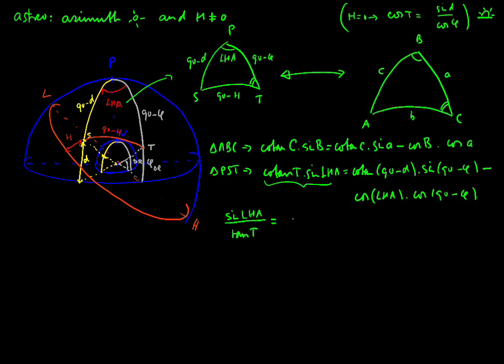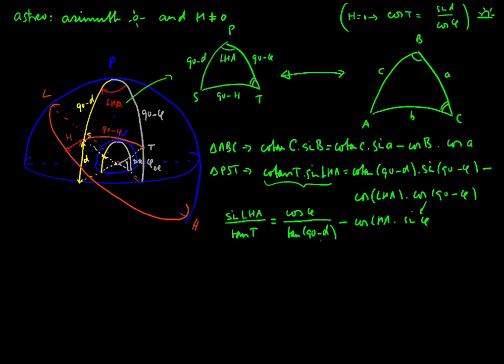The cotangent of 90 minus D would be the tangent of D, and the sine of 90 minus the latitude is nothing else than the cosine of the latitude, minus cosine local hour angle times the sine of the latitude. That's this one over here.